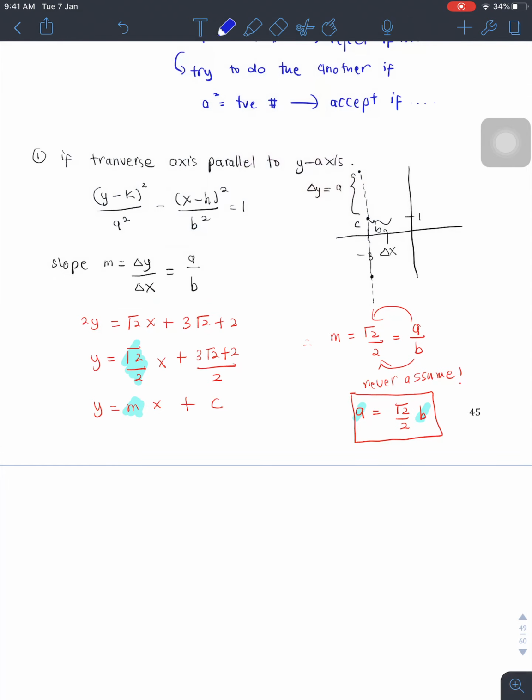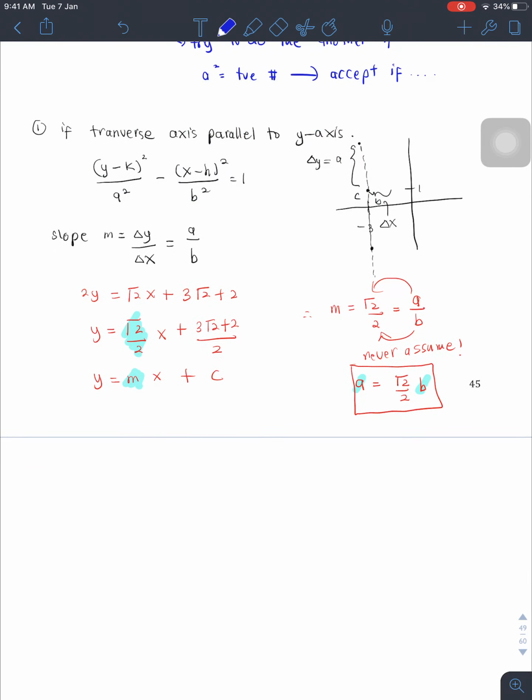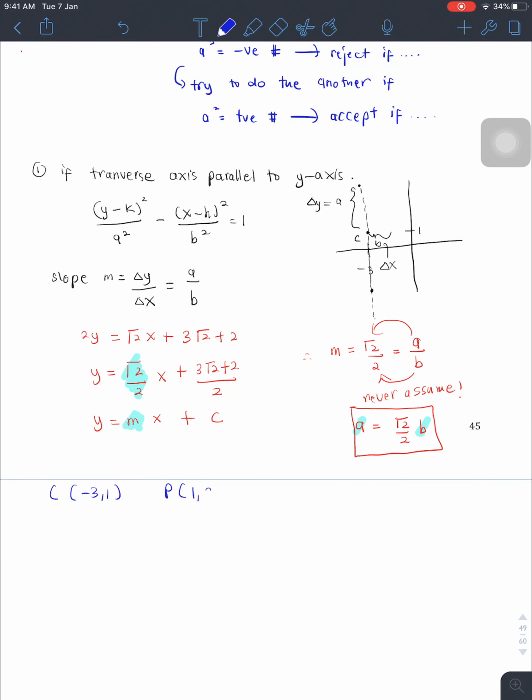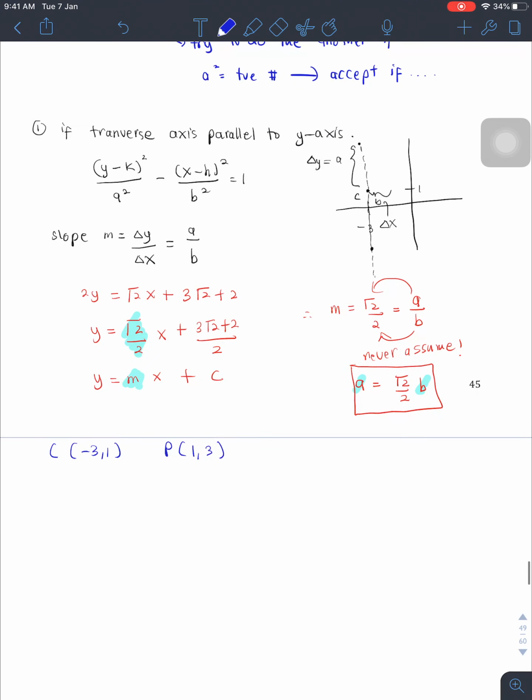Okay, now let's see what you know just now. Another one is the center (negative 3, 1) and it passes through the point (1, 3). So these two particular points you can actually substitute into your standard equation. Over here, the point should be x and y, and the center should be h and k.